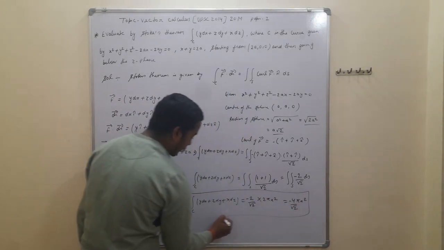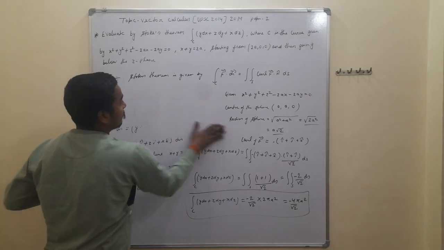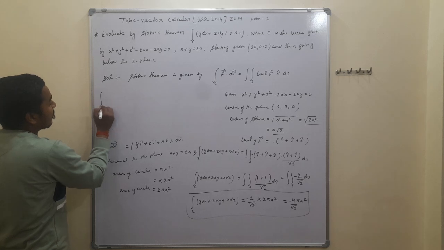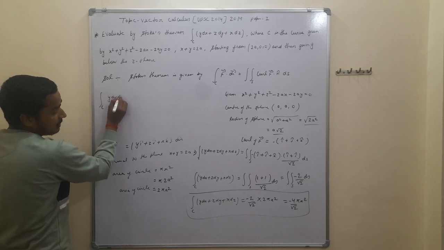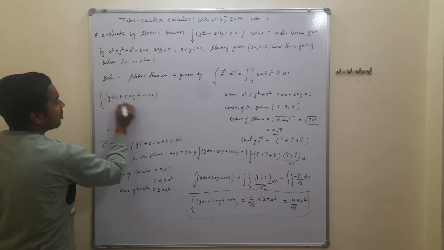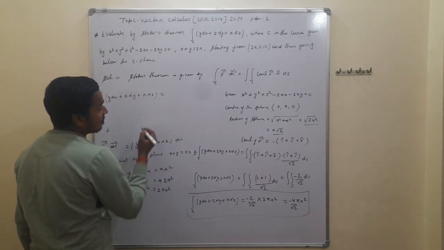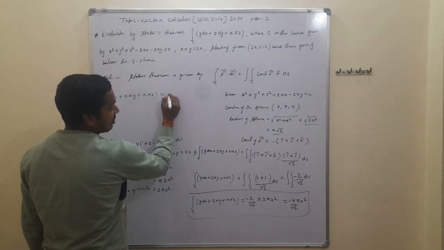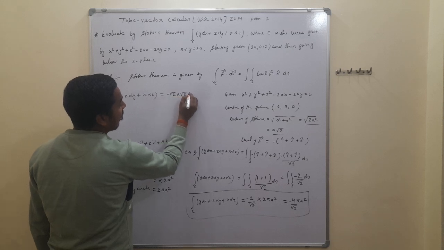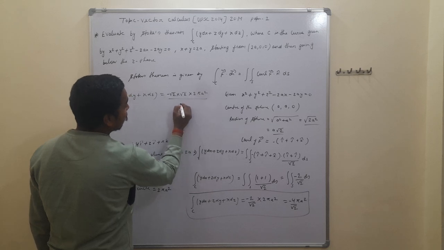We can also solve it further. The closed integral over c of y dx plus z dy plus x dz is equal to minus root 2 into root 2, times 2 pi a squared upon root 2.